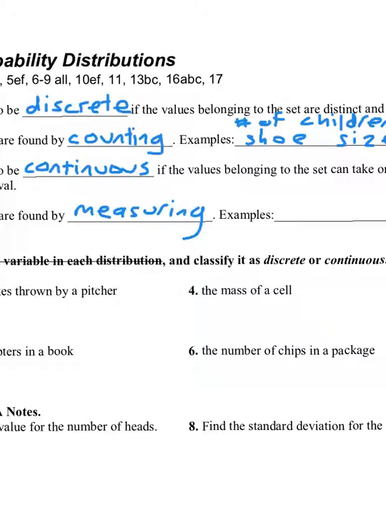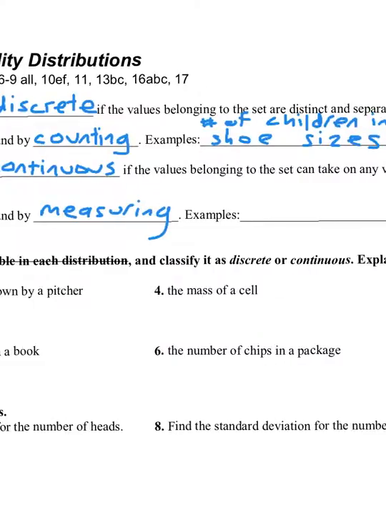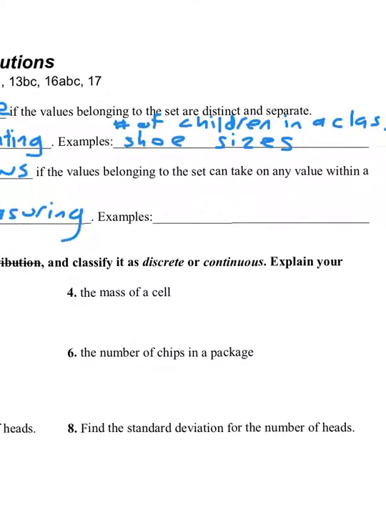Some examples of continuous data are the weight of, let's go with the weight of an apple.